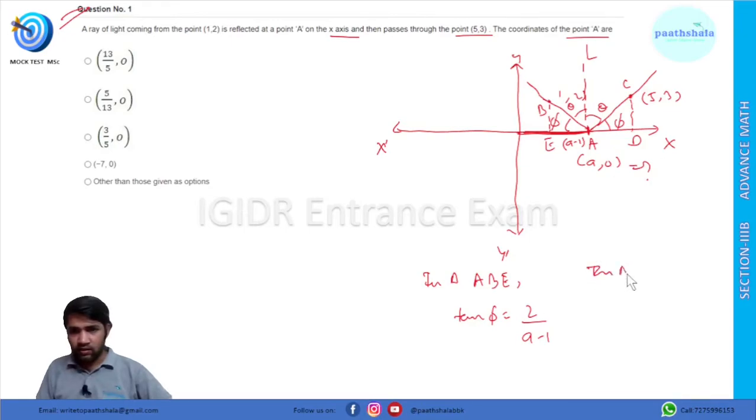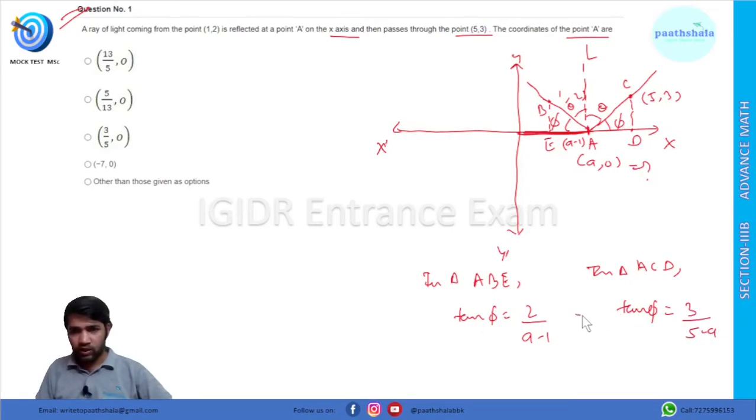In triangle ACD, we get tan phi equals, here perpendicular is 3 and base is, you can see that this whole distance is a, and the whole distance till point D is 5, so this distance will be 5 minus a. So this will come out to be 3 upon 5 minus a.